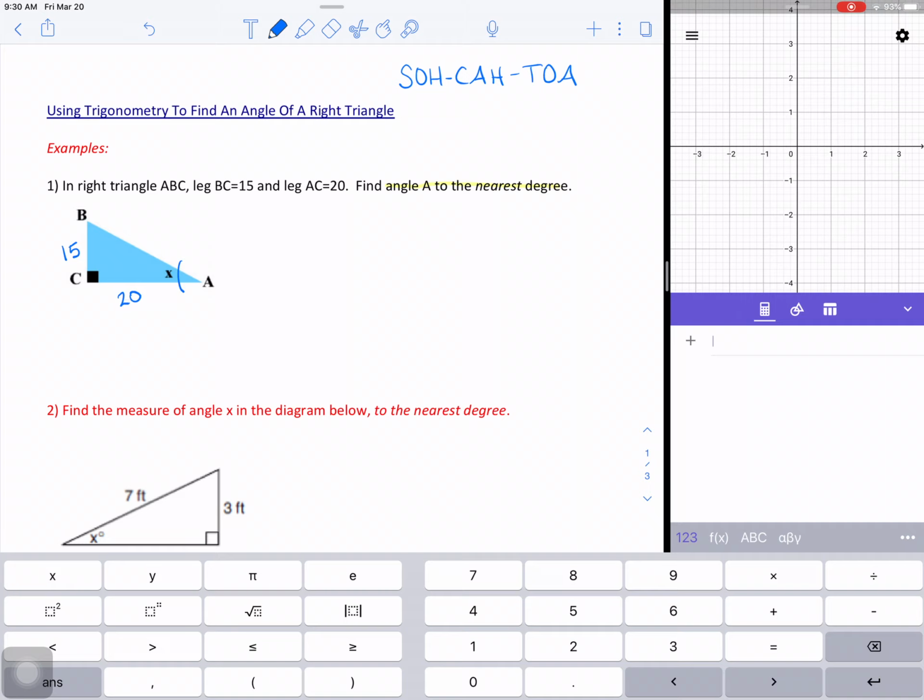So the question you want to ask yourself is, which function would I use to find x given the information that I have?